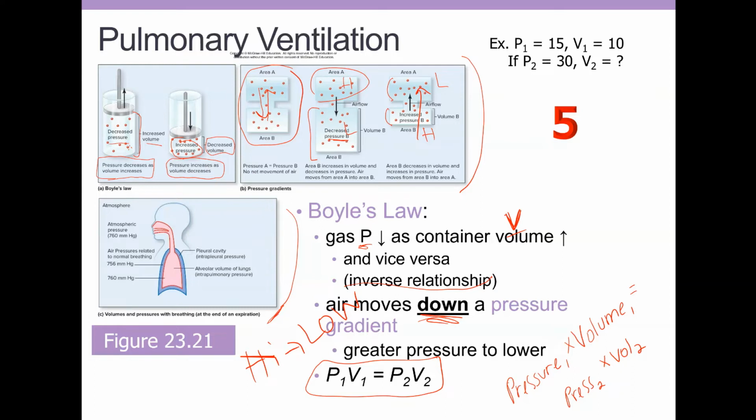All right, so you have to remember that formula: P1V1 equals P2V2. And the way you're going to do this is some algebra. You are trying to solve for V2, so you divide both sides by P2. That makes those cancel out.